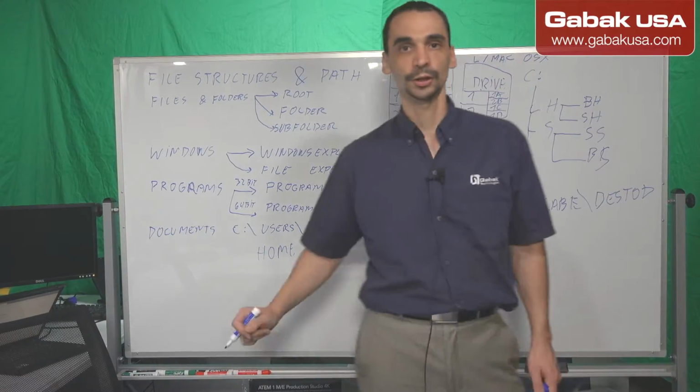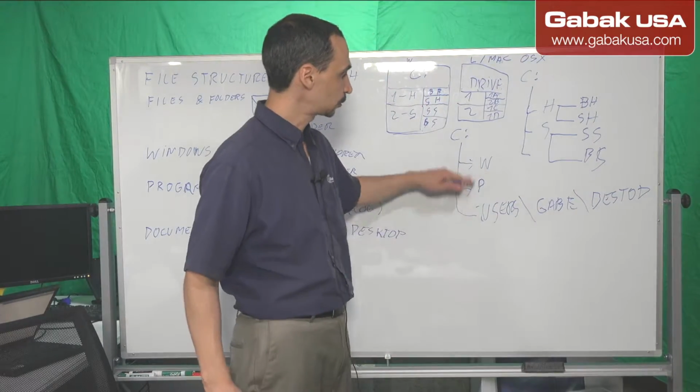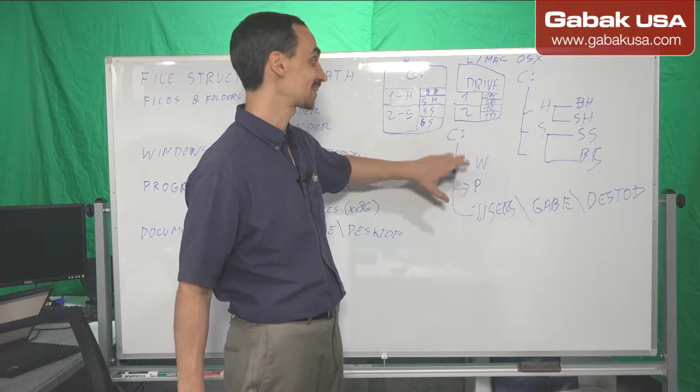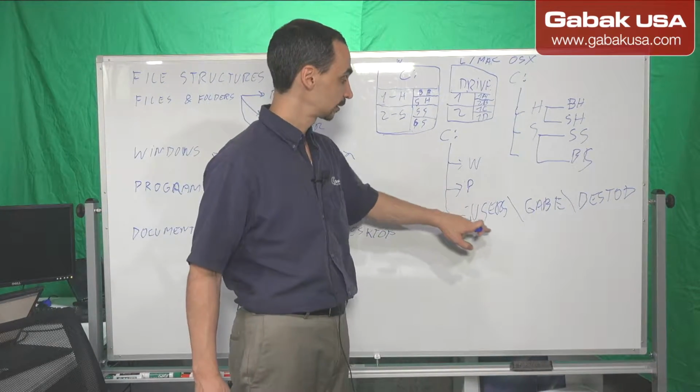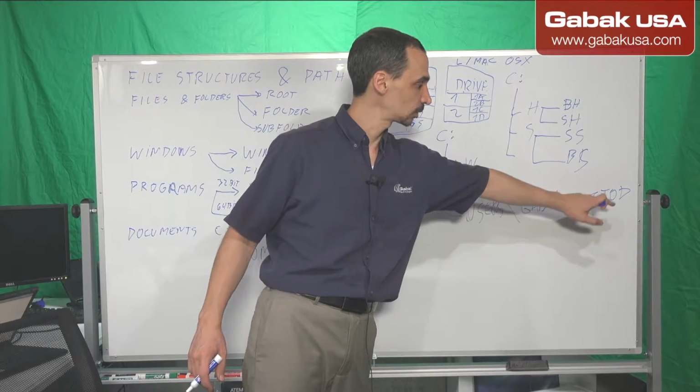That is what you're going to find. This will be the example. You have the box, like I said before, Windows, program files, and then users, Gabe, desktop, something else.